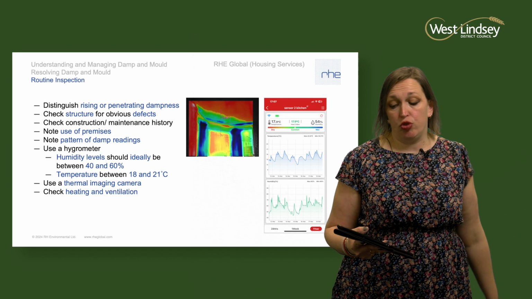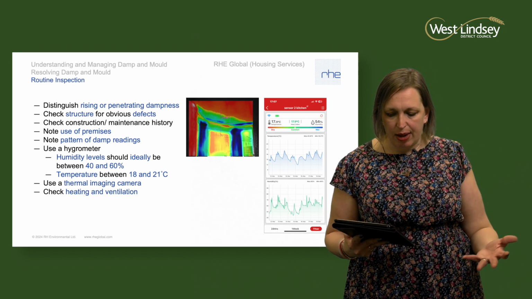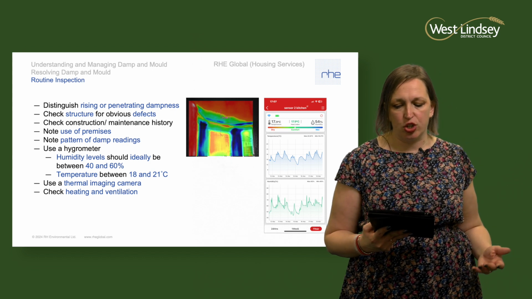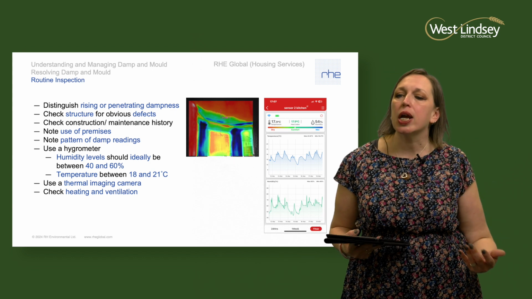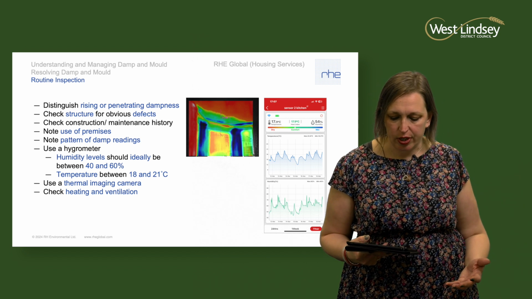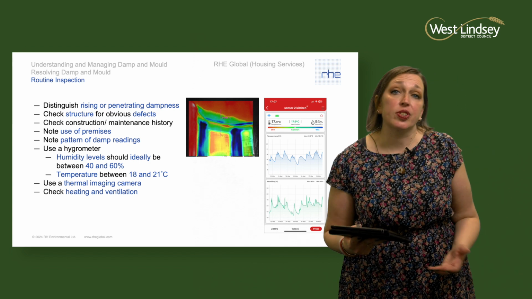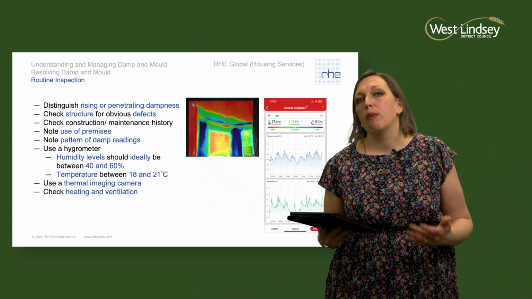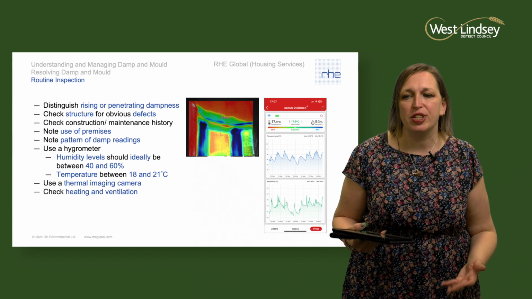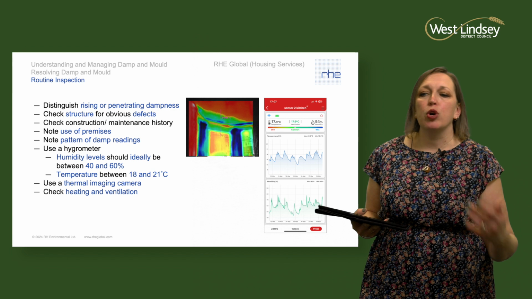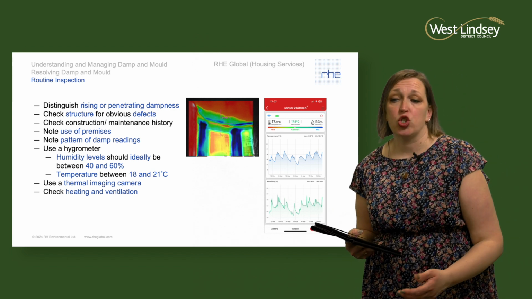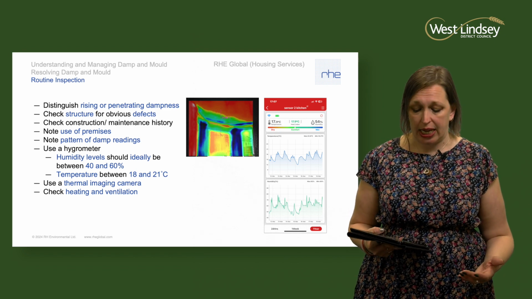If you're doing any temperature readings, as well as measuring the air temperature, measure the surface temperature as well, because what you're trying to do is establish what that dew point temperature is and how likely it is that you're going to get water vapour condensing onto cold surfaces. Hygrometers can be a really useful tool as well to show how much moisture there is in a property and how hot, or warm or cold a property is at a given time. And what you're looking for is a humidity level between 40 and 60% and a temperature between 18 and 21 degrees C.